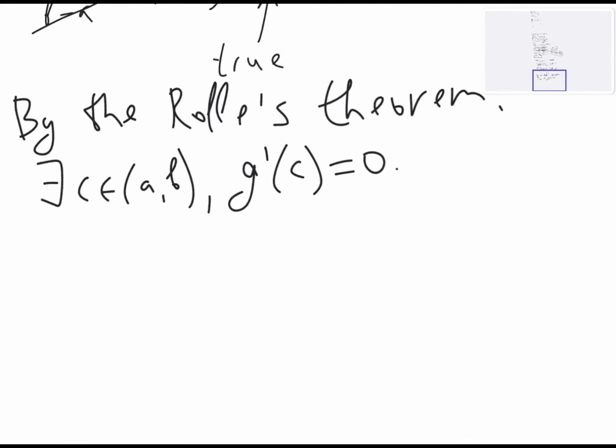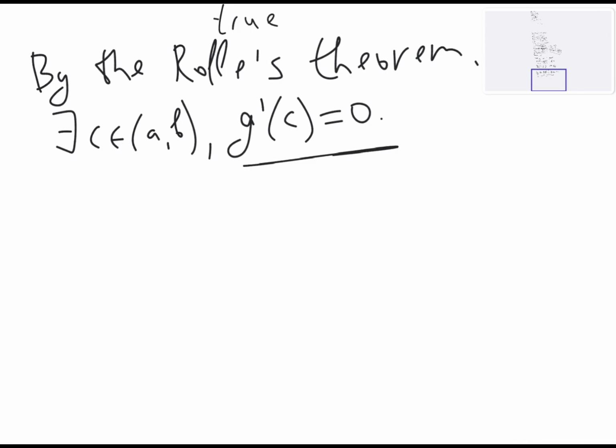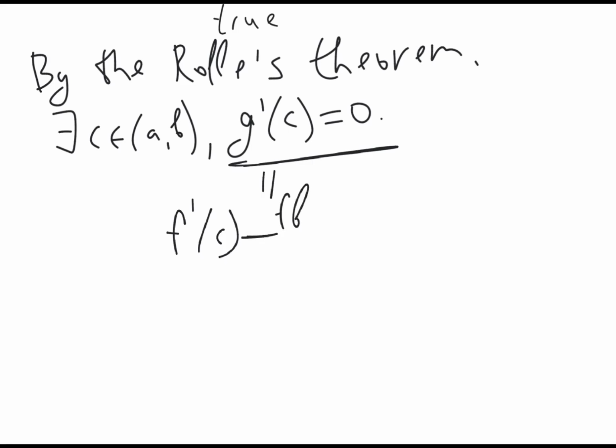So we rewrite now what we proved. We get that the derivative of g at c is equal to the derivative of f at c minus this constant, f of b minus f of a over b minus a, right?